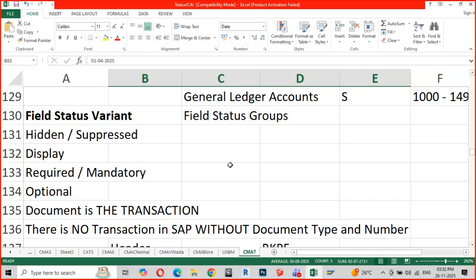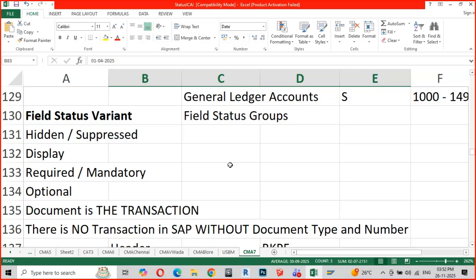We are comfortable with what we need to understand by the term fields, correct? When we enter the transactions, we saw the fields: your network, your cost center, your profit center. They were all the fields in the transactions.